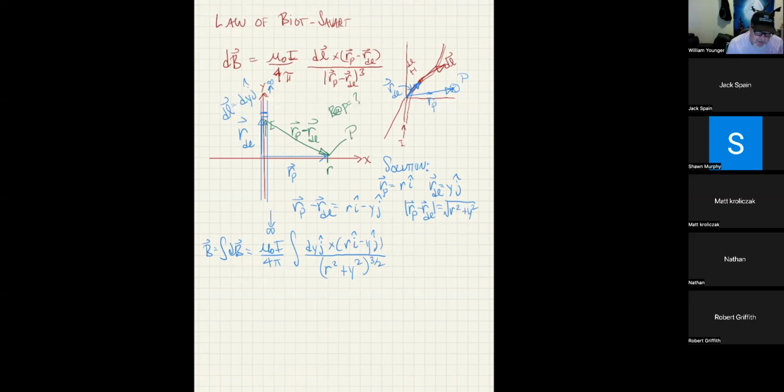Okay. And technically, we're going to have to integrate this from Y approaching negative infinity to Y approaching infinity, because the wire is supposed to be infinitely long. Again, I'll remind you that in physics, infinitely long sounds like we're making a made up solution that doesn't help anybody.